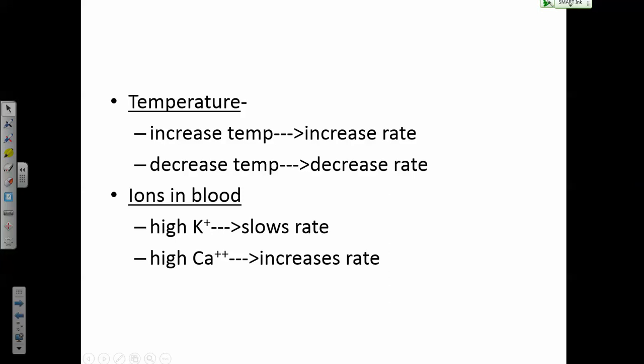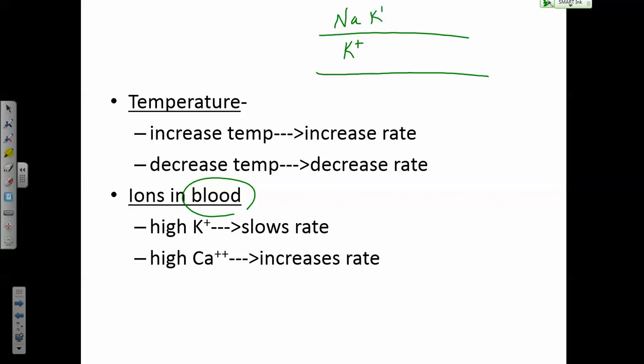If you want to look at exactly why, you remember on a nerve impulse, which we're going to call a muscle impulse now, through the cardiac conducting system. You remember how sodium's on the outside, potassium's on the inside? If blood potassium is elevated, that's extracellular fluid, that means you have some extra potassium out here.